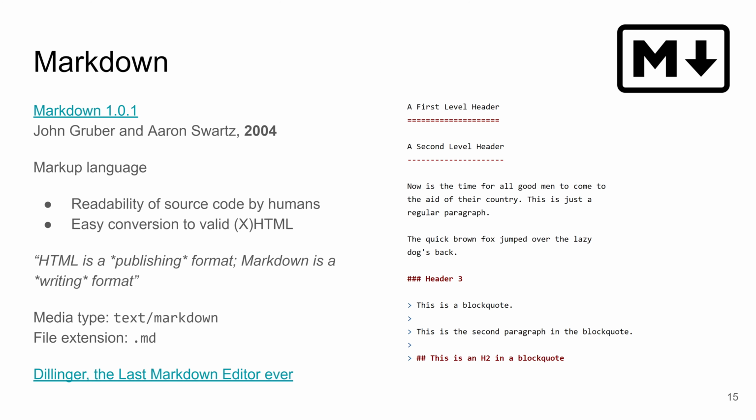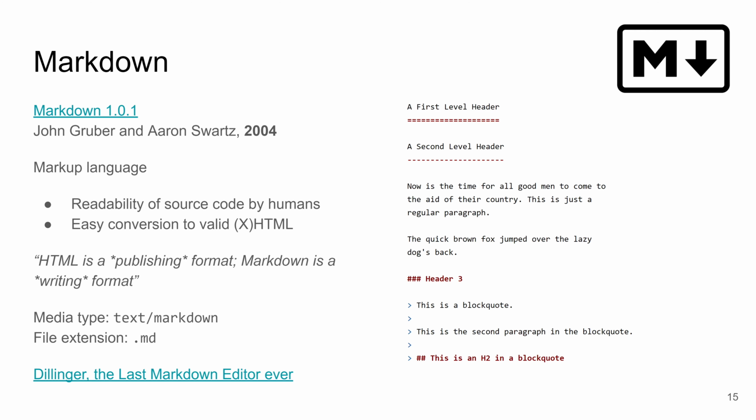And the goal is that the source code of Markdown actually can be published as is and can be read by people as is. It can be rendered, but that's secondary. Primary goal is to make the source code readable as it is. And as you can see in the example, I think they succeeded.